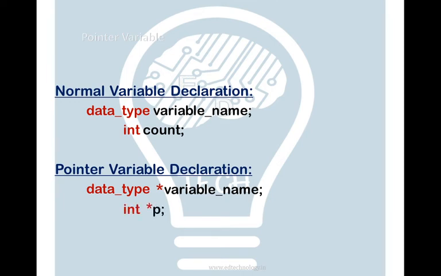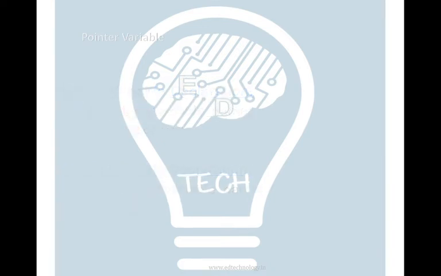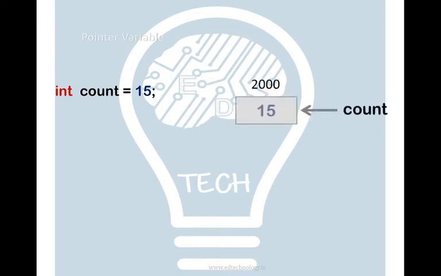We'll see how we put a value in here, and also how to use pointer variables, but this is how a pointer variable is declared. Alright, so let us see. We have int count, which has the value 15, then count will be assigned some address where the value 15 is stored.